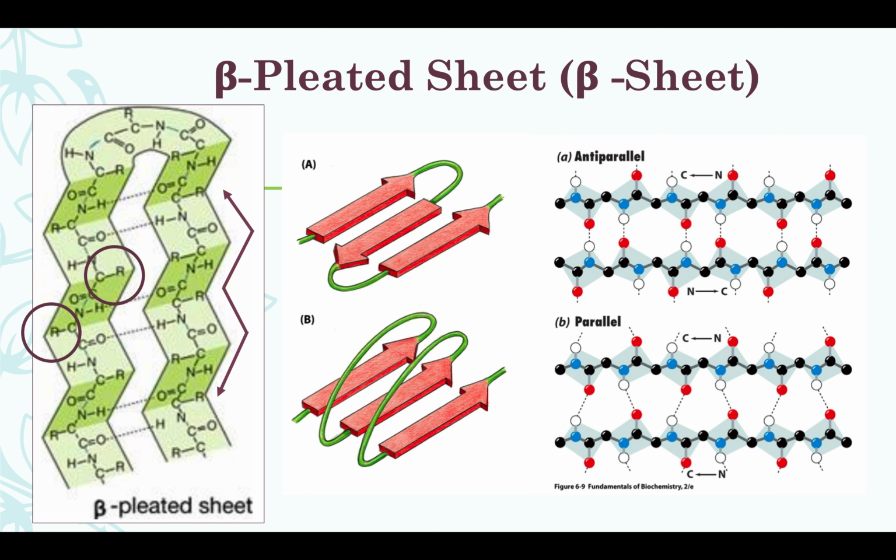So there. You can also have here a parallel arrangement, if the peptide chains run in the same direction. Or in other words, if the chains are aligned in terms of their N terminal and C terminal ends. So there. Now focus your attention here.